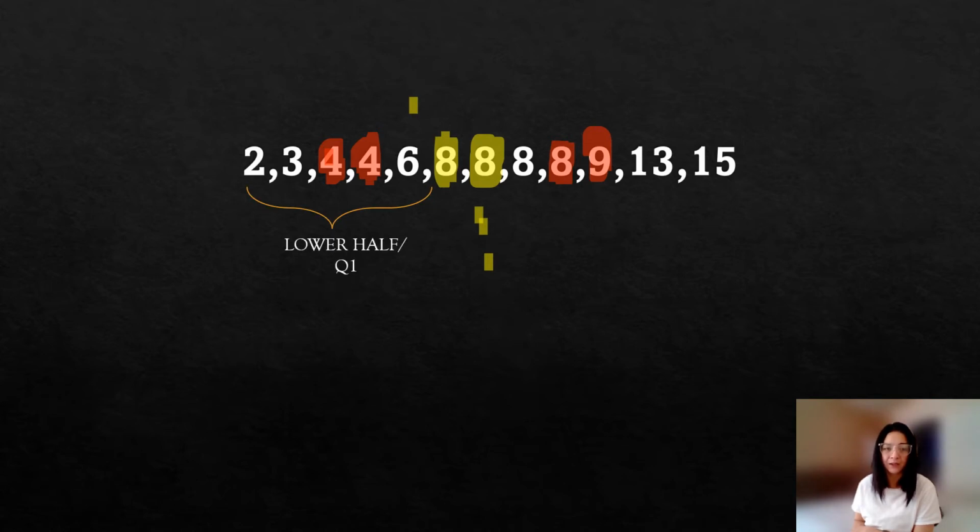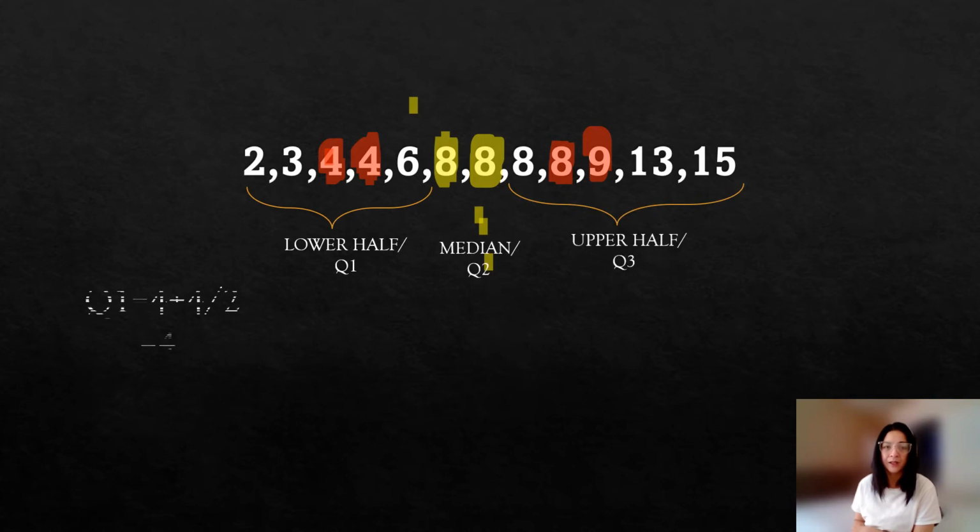We have here our lower half, which is Q1, and to get that Q1, our 25th percentile, we will be adding 4 plus 4 and dividing by 2. It's just basically getting the average of the lower half. So that would be equal to 4.